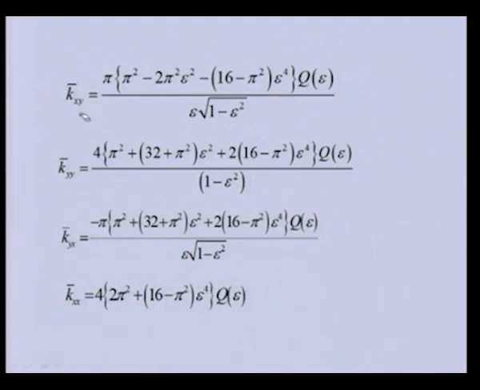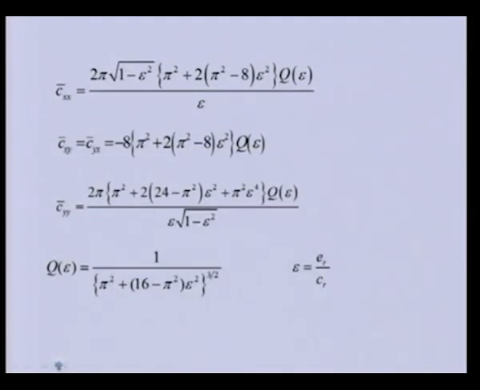So, they are not the same, and mainly the instability comes because of these coefficients. So, here I have defined the q capital, which is a function of epsilon, and epsilon is eccentricity divided by the radial clearance. So, you can see if we know the epsilon, we can calculate these coefficients. That means, if we know the eccentricity of the rotor, we can calculate these coefficients.